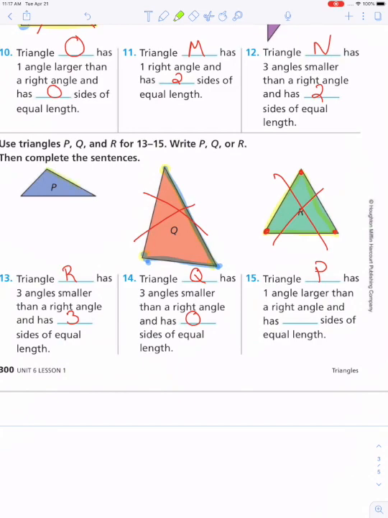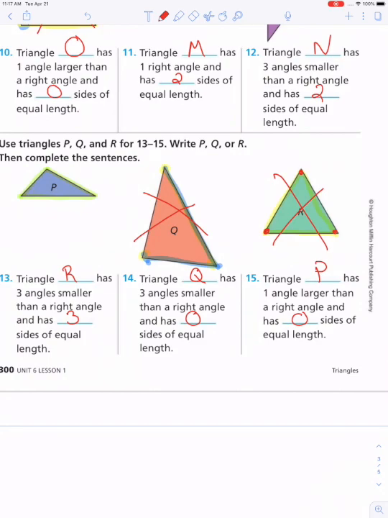If we look, this length is shorter than this length, and this length is the shortest of all. So it kind of looks like none of the sides are the same length, so that they are all going to be 0, okay? All right, hopefully you did well.